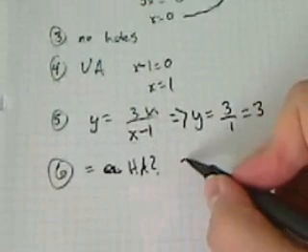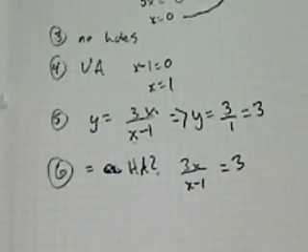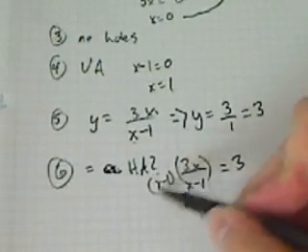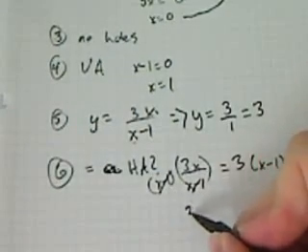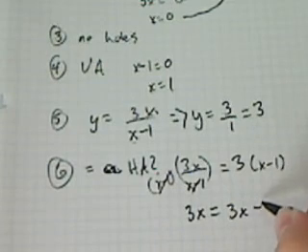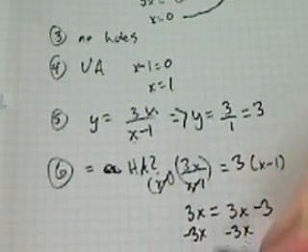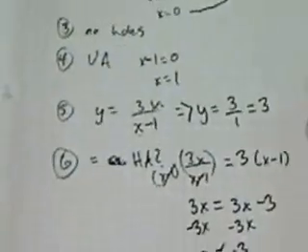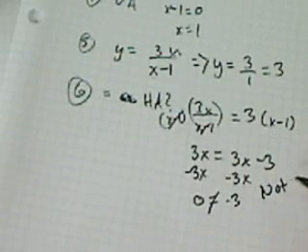So we set 3x divided by x minus 1 equal to 3. I'm going to start by multiplying each side of the equation by x minus 1. That will leave me with 3x equals 3x minus 3. So when I group my x's on the same side, that will leave me with 0 equals negative 3, which is not true. Since that's not true, it will not cross the asymptote.